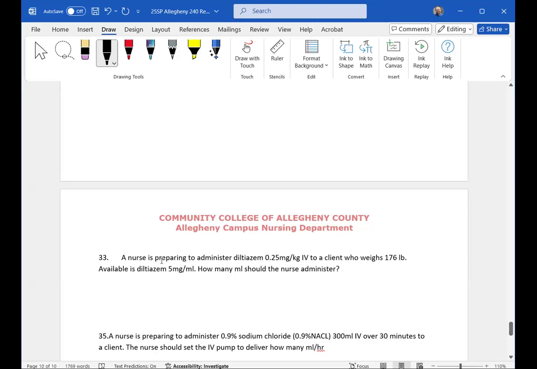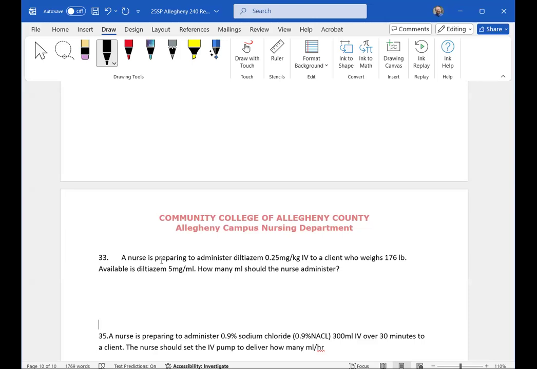So this is a weight-based question where you have to take the patient's weight in pounds, convert it to kilograms, and then multiply by the order, the 0.25 milligrams per kilogram. That'll give you your milligrams, and then you can solve your milliliters from there. But let's look at it and see, just in case there's any trickery in this.